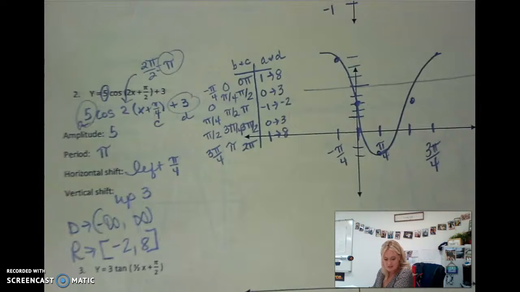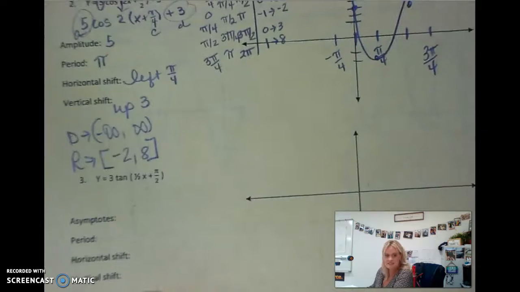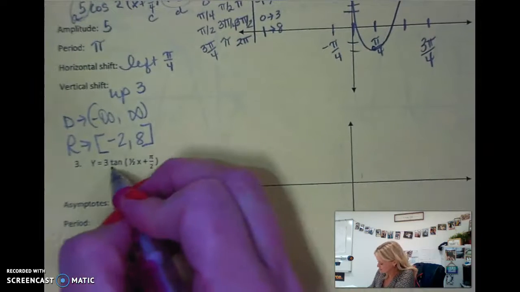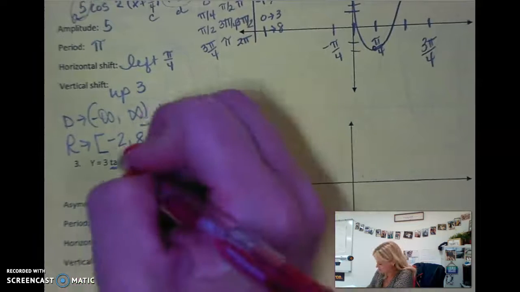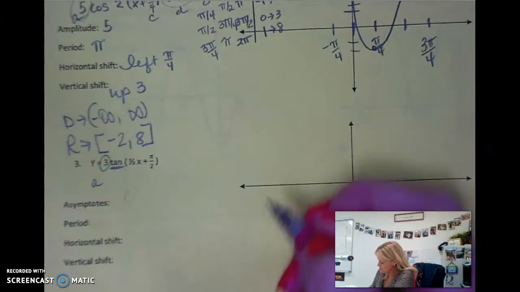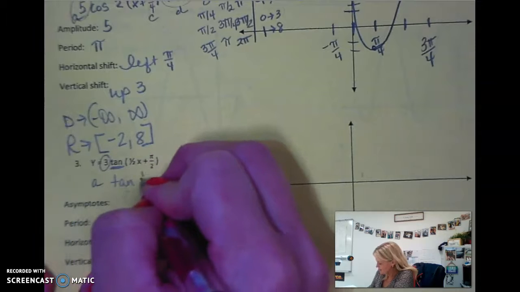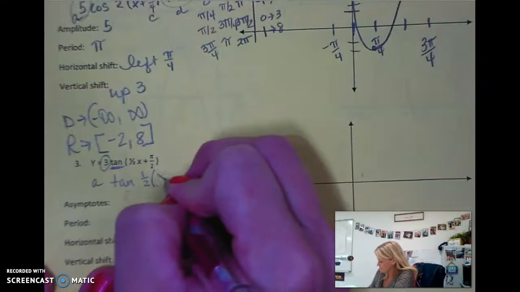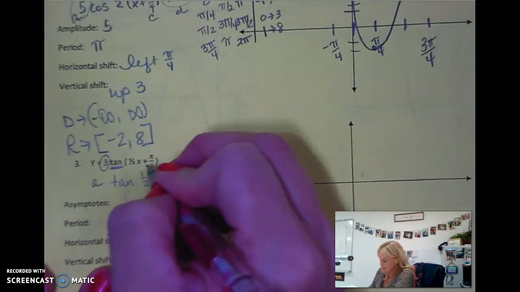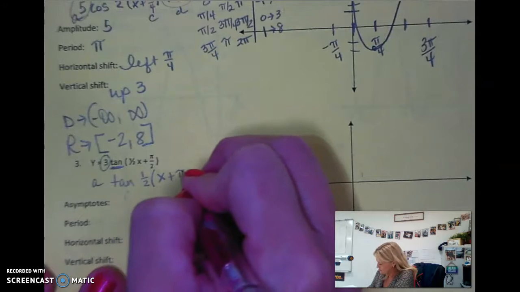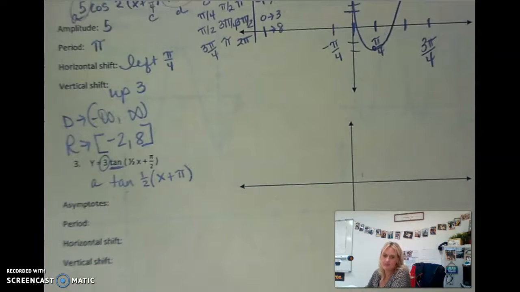Alright, if you look at this next one, we're talking tangent. Remember, that's always a little different. This is still our amplitude. Here we do still need to take out that 1/2. 1/2 times x is 1/2 of x, and 1/2 times pi is 1/2 of pi.